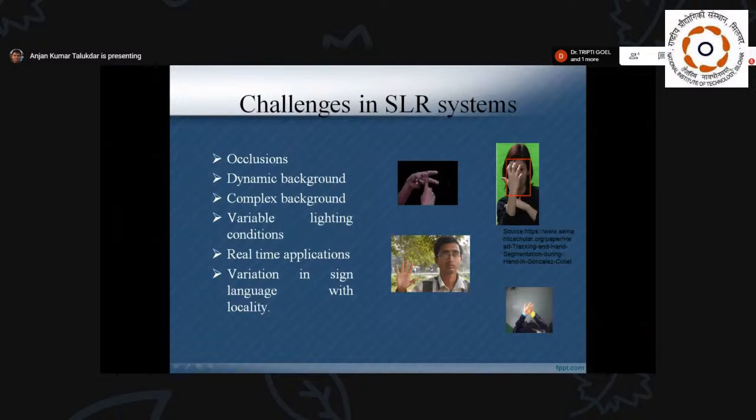Now, challenges in sign language recognition systems. There are many challenges that come in a sign language recognition system. Some of them are occlusions. So what is occlusion? Basically, when one body part comes over another body part, that is called occlusion.